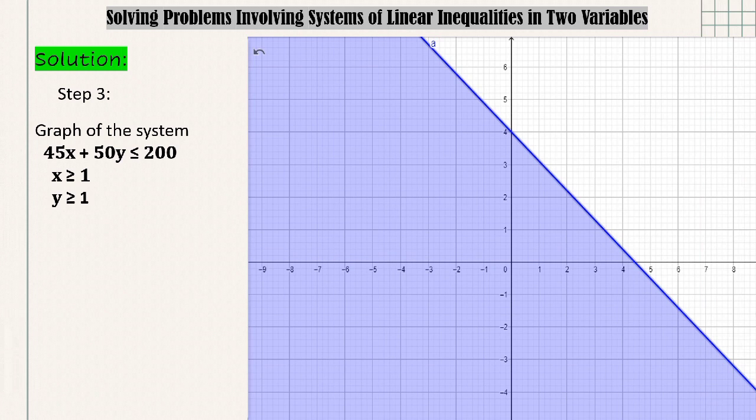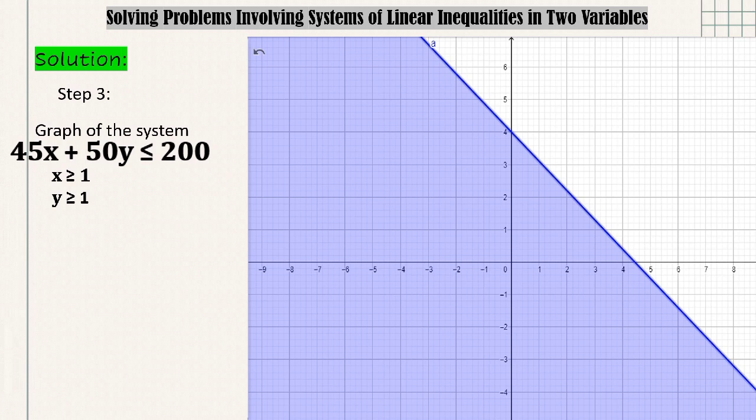So this is the graph of the inequality 45x plus 50y is less than or equal to 200. Since the inequality symbol is less than or equal to, we use solid line on the graph.